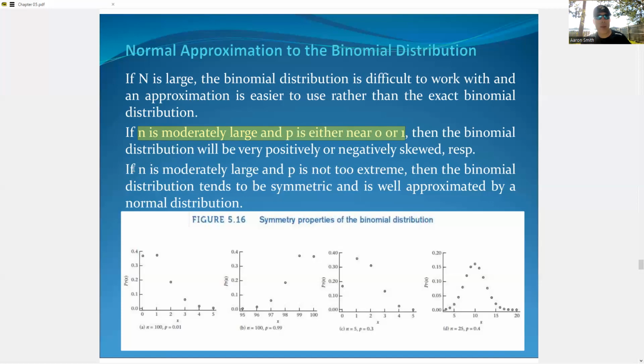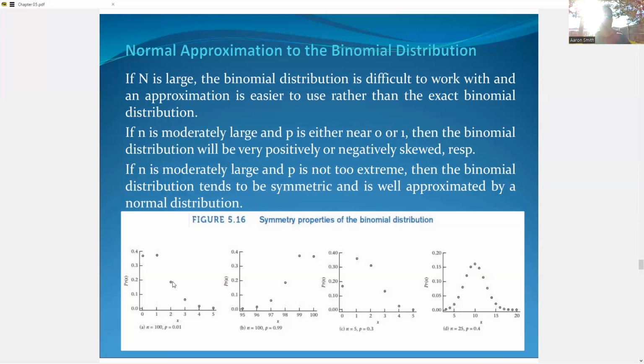Now, if n is moderately large and p is not too extreme, then the binomial distribution tends to be symmetric and is well approximated by the normal distribution. So if p is closer to a half and n is large, then we get a better approximation with the normal distribution.